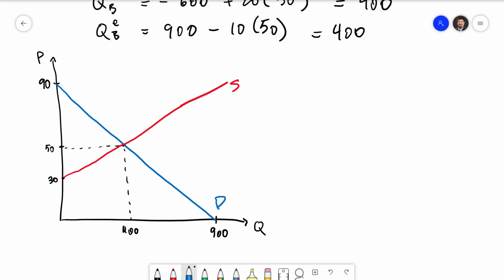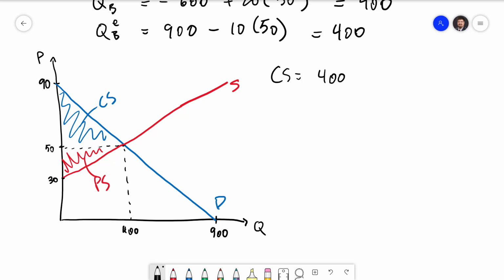To calculate the consumer surplus, that's going to be this triangle right here. And our producer surplus is going to be this triangle down here. Consumer surplus is a triangle with a base of 400, height of 90 minus 50, that's 40, divided by 2, which is 8,000.